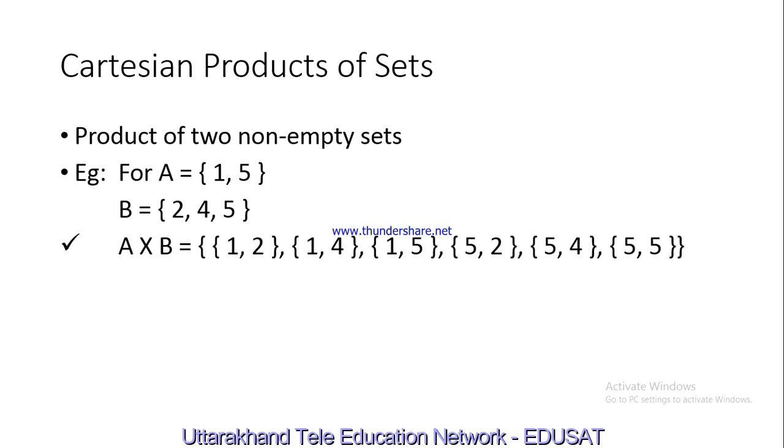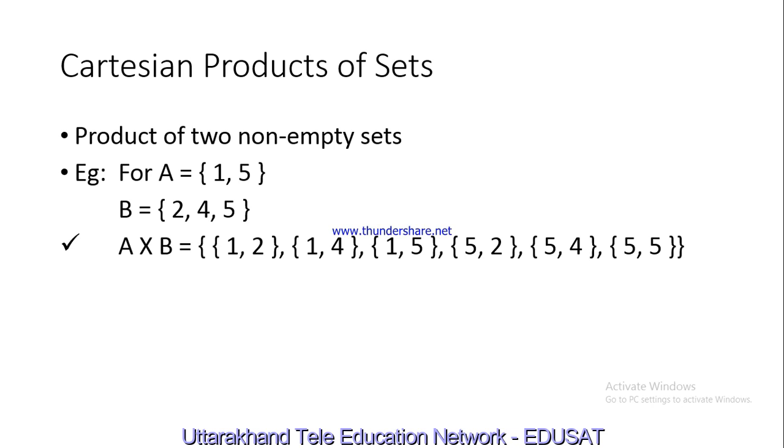And how do we find out the value of A into B? Every single element of the first set will be multiplied with every single element of the second set unless and until we exhaust all the elements. So the first element of set A was 1, so we are going to multiply 1 by all the elements in set B. So we get 1 2, 1 4 and 1 5.